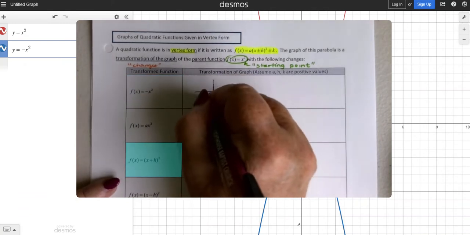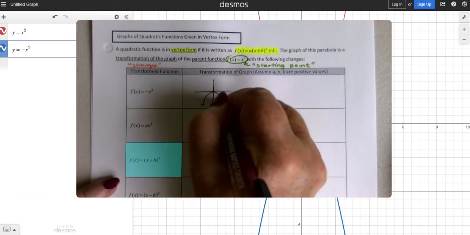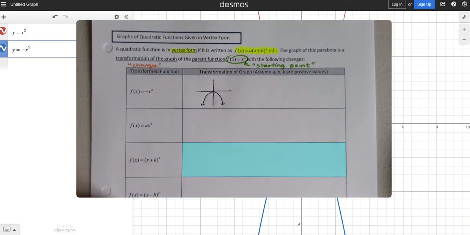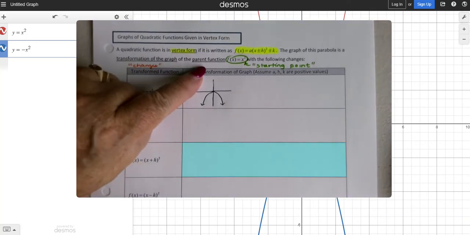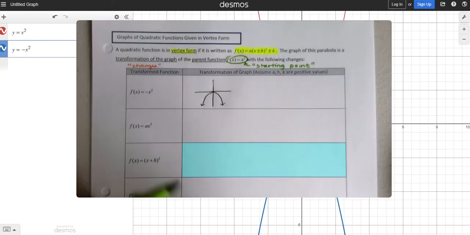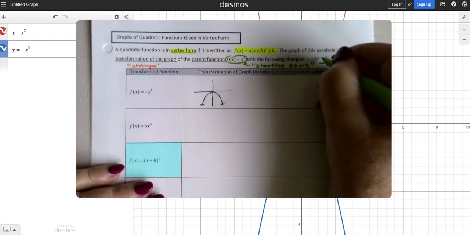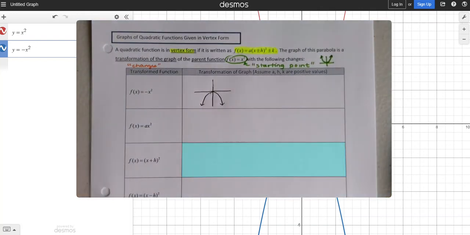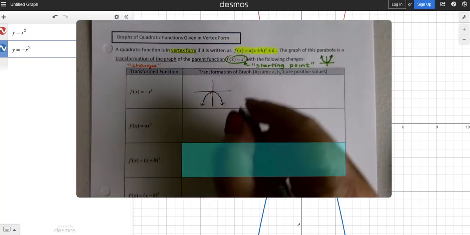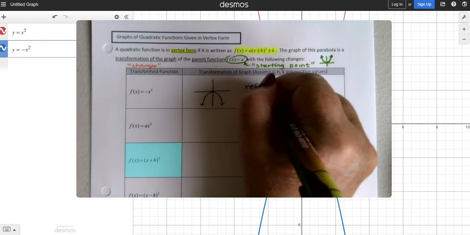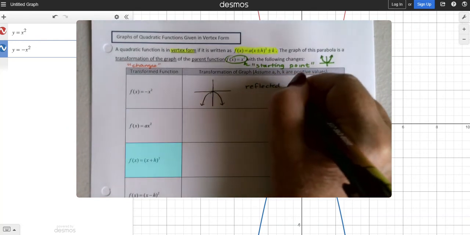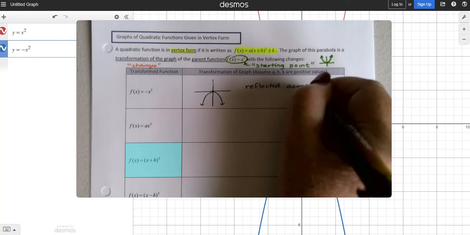The graph looked like this. And as compared to the parent function, the original function, which was this, our new graph is reflected across the x-axis.